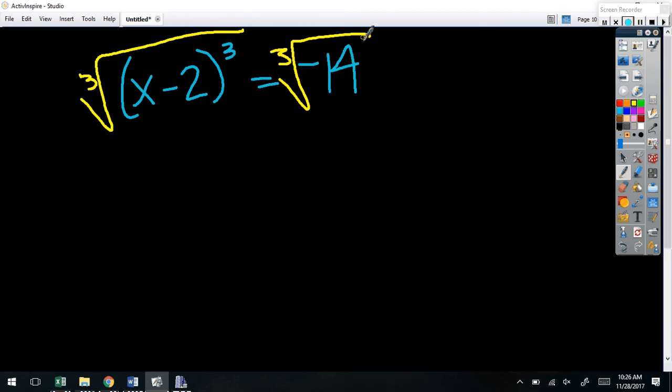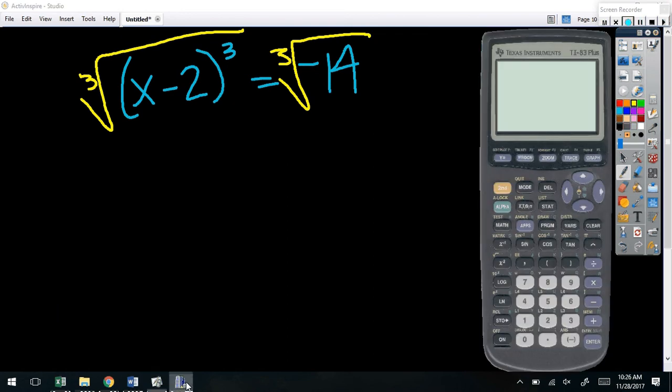No. So I have to pull out my handy dandy calculator. I have to say the third root, so math 5, of negative 14.